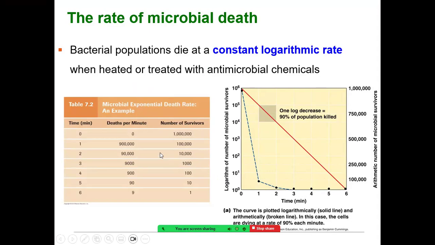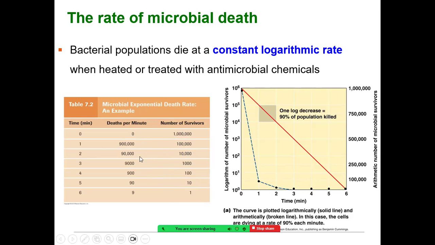So if at 0 minutes we first expose the cells to the agent, if we have a million cells, after 1 minute, we'll only have 100,000 cells, as 900,000 cells have died. After 2 minutes, we'll only have 10,000 cells remaining. After 3 minutes, only 1,000 cells. After 4 minutes, 100 cells. After 5 minutes, 10 cells.